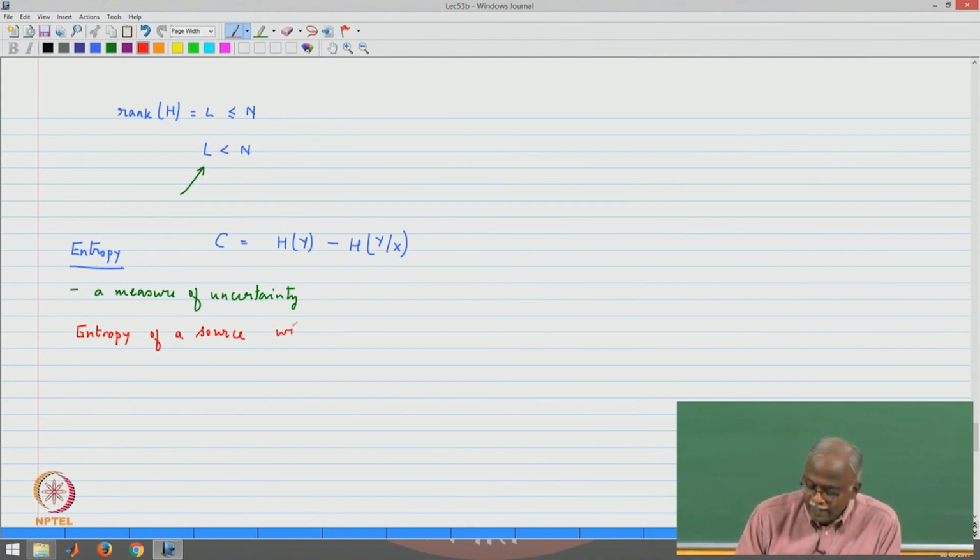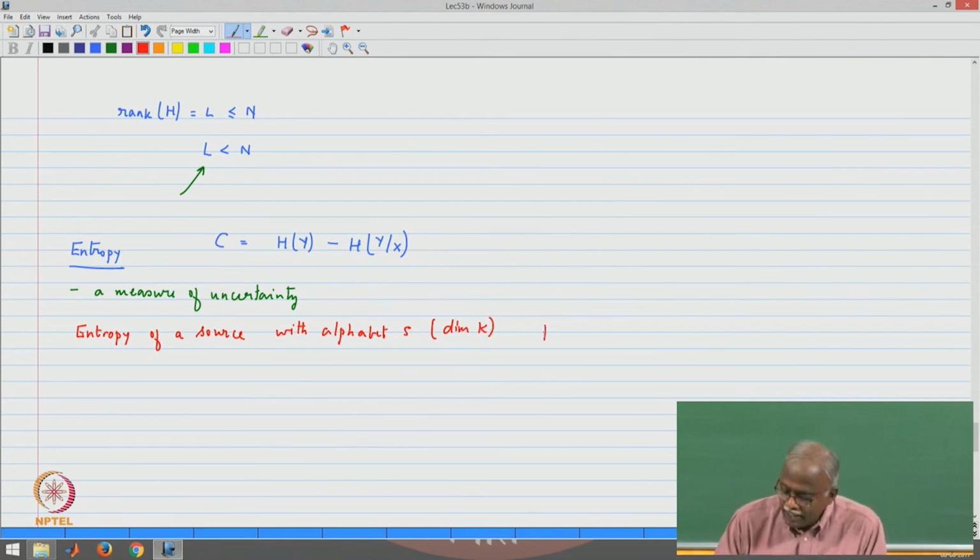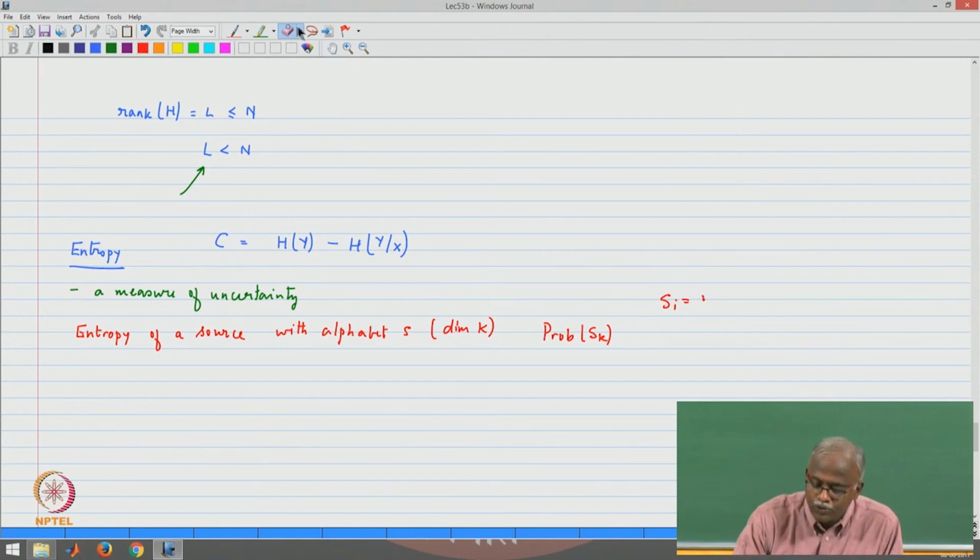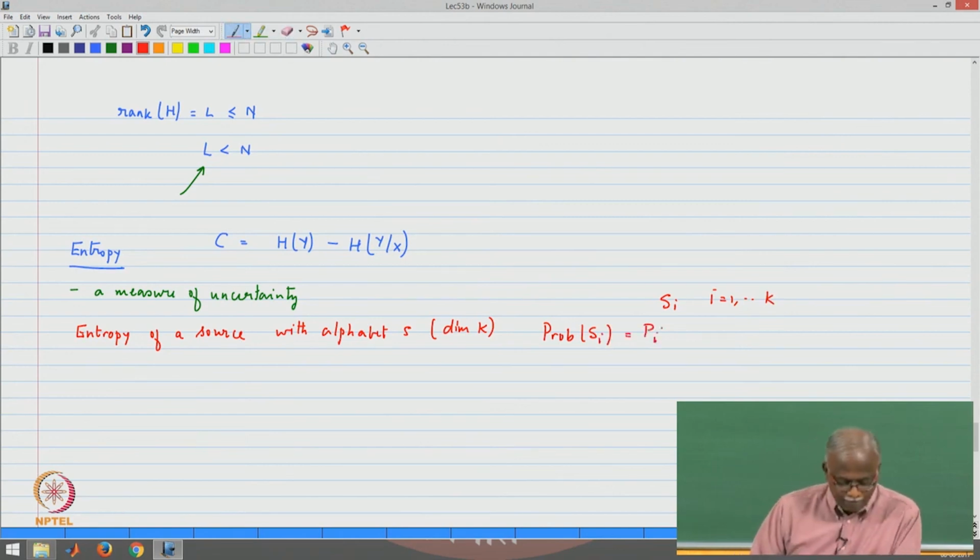So, with alphabet S of dimension k, that means there are k symbols that are transmitted, and we have the probability that we have transmitted the symbol Si, where i is equal to 1 through k. So, the probability that you have transmitted a symbol Si, let us call that as Pi.